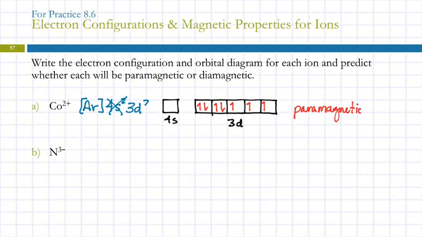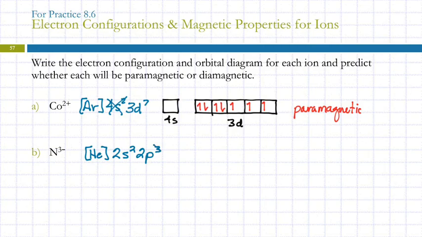Okay, let's look at nitrogen. So, nitrogen, the previous noble gas is helium, which is a little silly, but helium, and then we've got 2s2 and 2p3 for the neutral. So we start with the neutral atom, and then the 3 minus tells me I need to add 3 electrons.